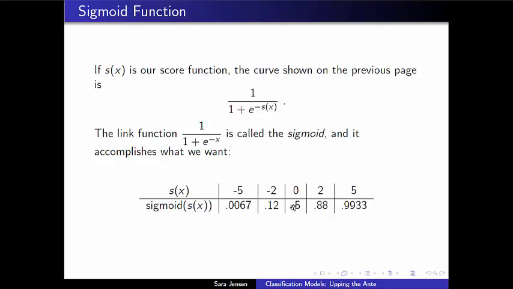If you have a score of even 2, there's a very high probability, an 88% chance, that that is going to be a positive review. -2 has a very low chance of being a good review. And by the time you move out to 5 in either direction, you get these very extreme chances of a review being positive or negative.